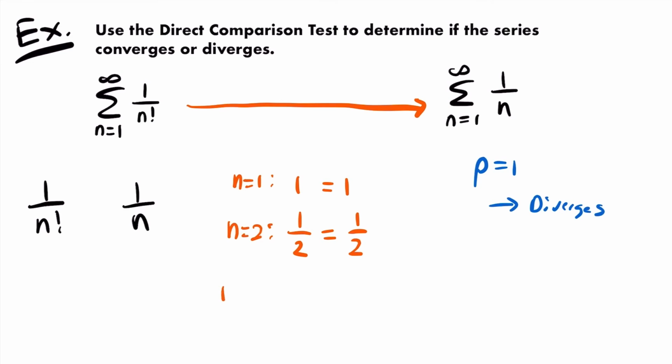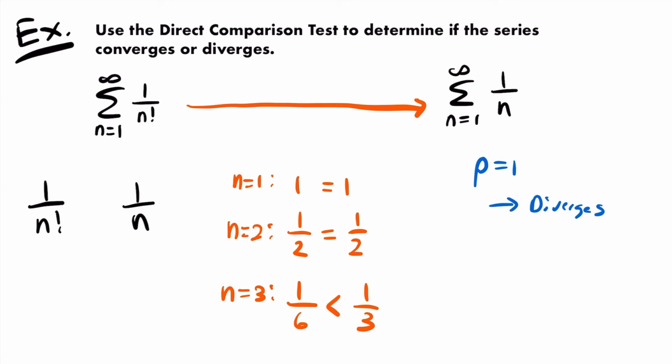And so let's move on to n equals 3. Now we have 1 divided by 3 factorial, and we're comparing that to 1 divided by 3. Now 3 factorial is equal to 3 times 2 times 1, and 3 times 2 is 6, times 1 is still 6, and so now we have a different denominator of 6, all right? And so 1/6 is smaller than 1/3, right?